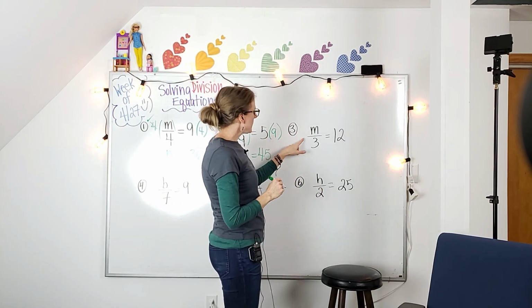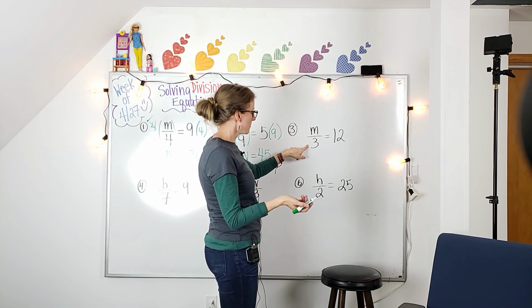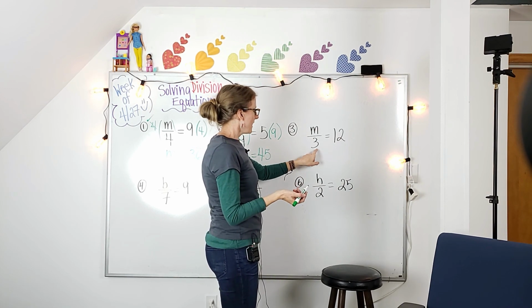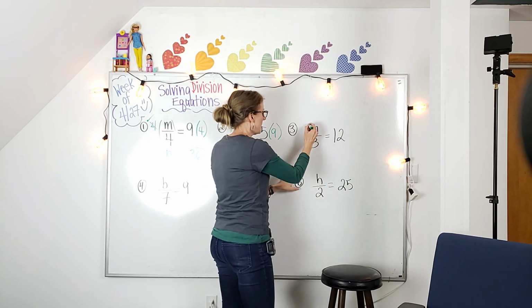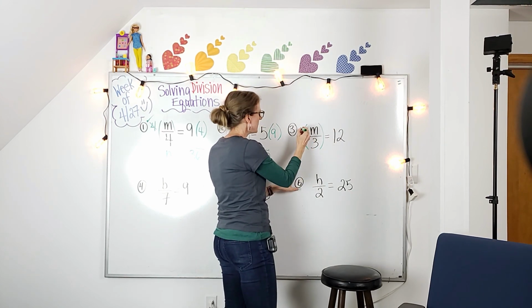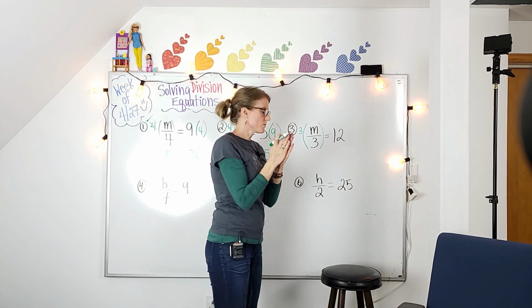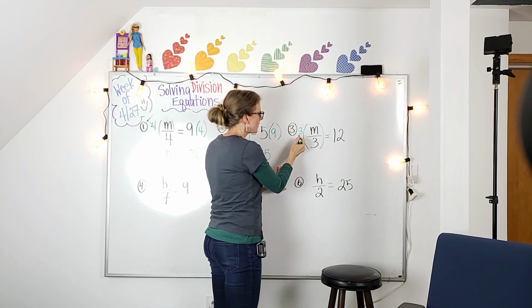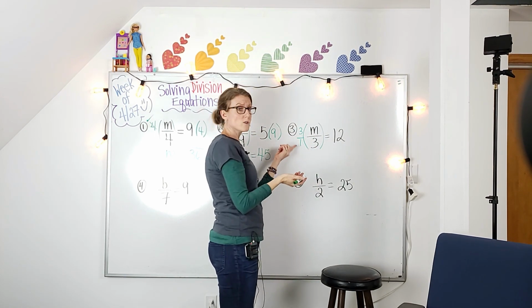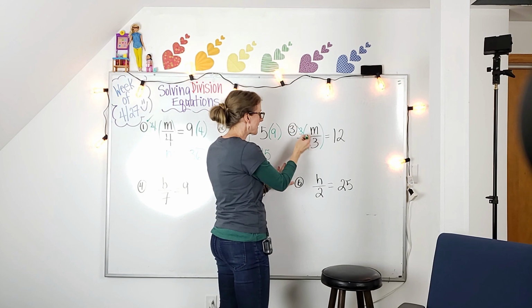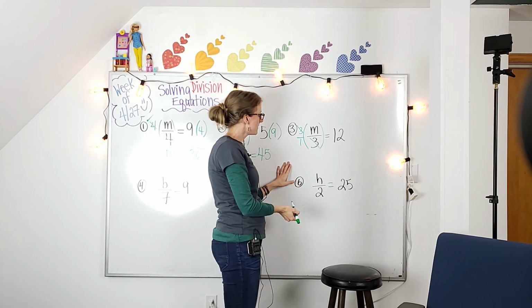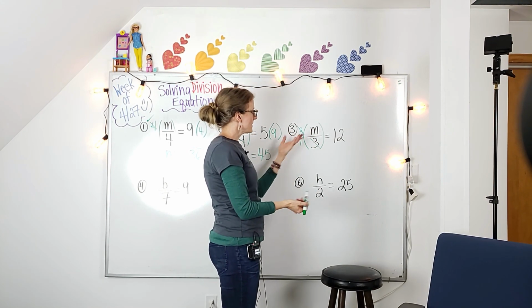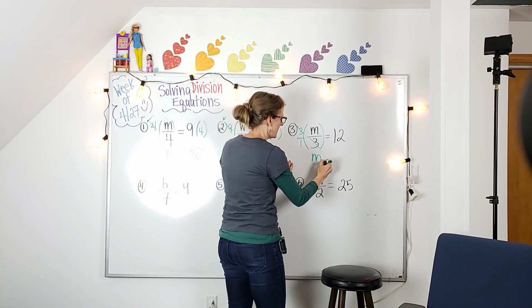All right, you guys, here we go again. I'm going to undo division with multiplication. I have to multiply by whatever's on the bottom. Again, I like to use my parentheses so I don't smush any numbers together. This is either 3 over 1, or you can just write it as 3. Either way, they cancel. And we already know that 1 times m is m, so that's all we have left.